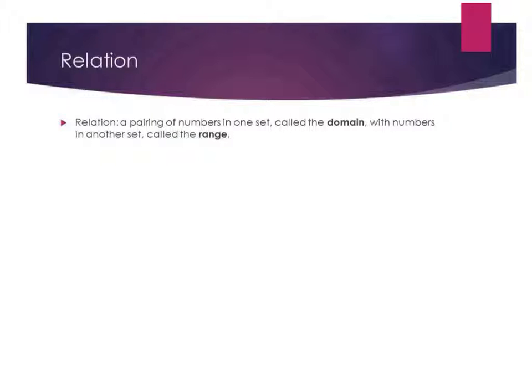One way, since it says it's a pairing of numbers, might be what we call a mapping. And in a mapping, there's my set, that's my domain. Here's my set, that's my range, and so then I'd have numbers in here.